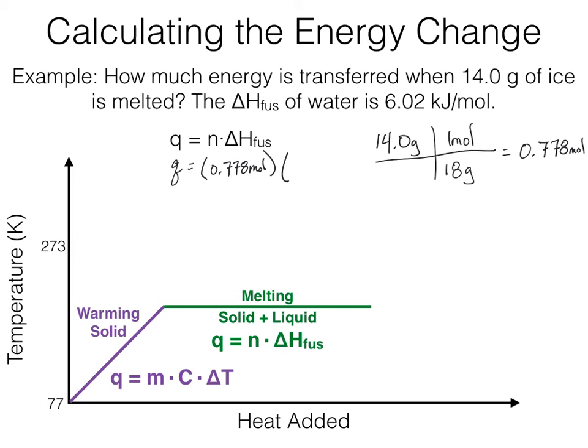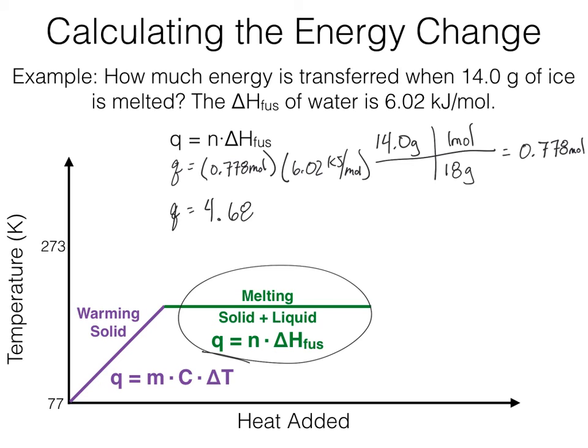And the delta H of fusion is 6.02 kilojoules per mole. And so the Q for the melting, this green region, the heat that is transferred, is going to be 4.68 kilojoules.